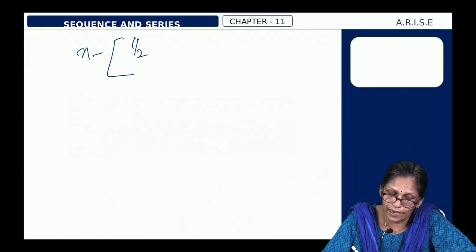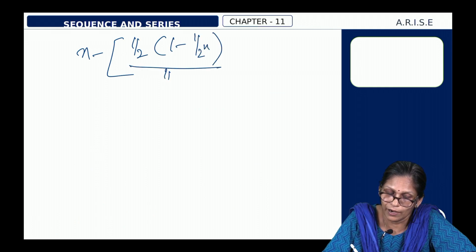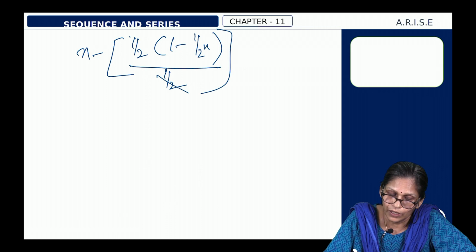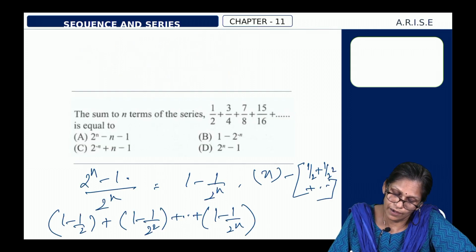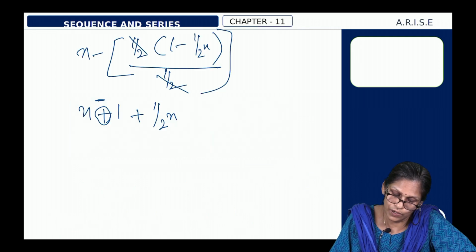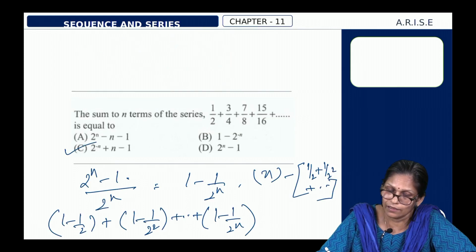It is a into 1 minus r raised to n by 1 minus r. So, you will have n minus 1 plus 1 by 2 raised to n. Option C is the answer.